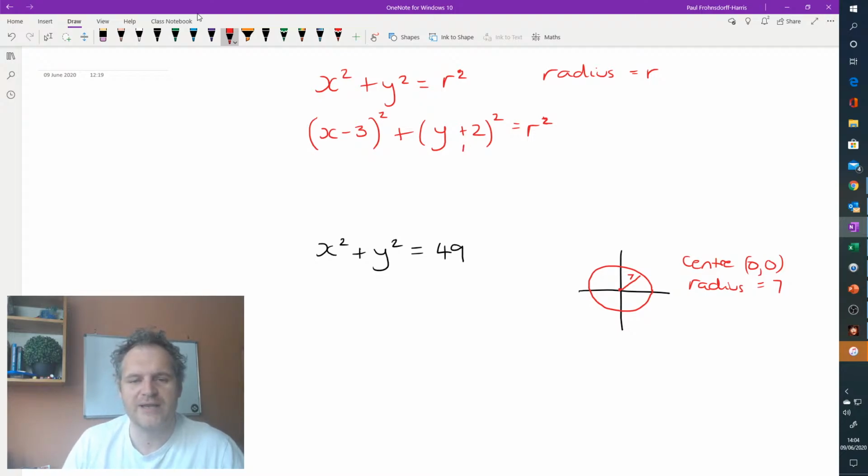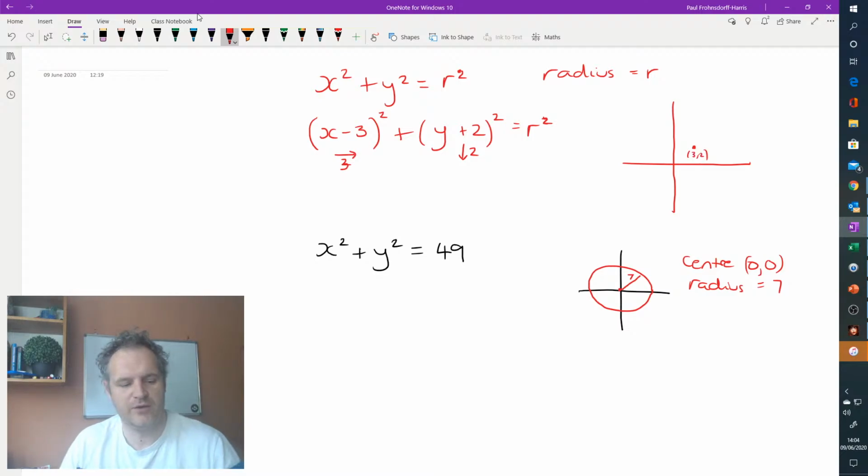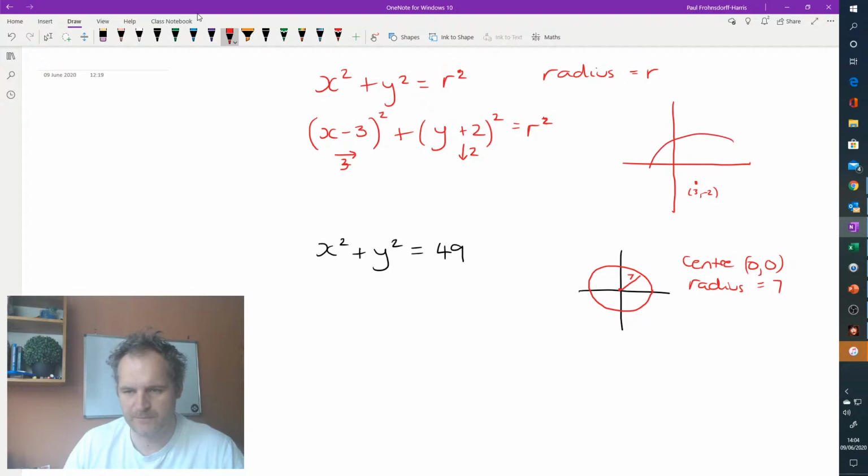So this would go down 2, and this would go to the right 3. So what this would effectively do is move the circle to 3, sorry. This moves the circle to 3, 2, centre. No, it doesn't. Mr. Harris, you clearly said go down, so 3, minus 2 would be the centre. And then the circle is drawn round.